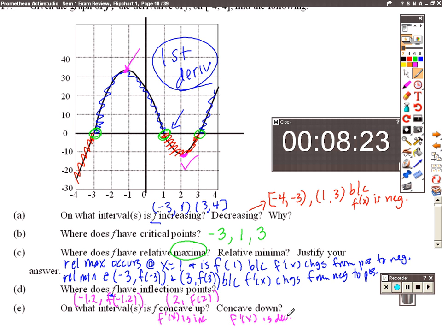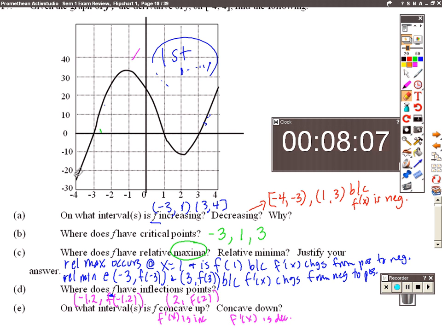So let me get rid of my colors on here. And I'm going to color code. I'm not going to write it up in the interest of the space that I have at the bottom. So let's go with this orange here. So when is the function concave up?